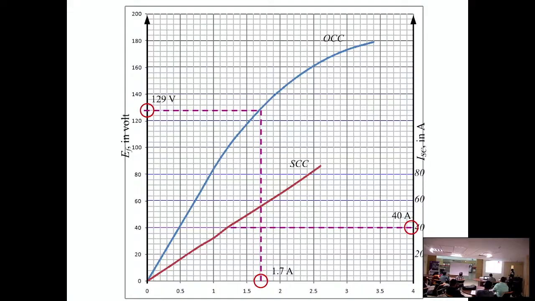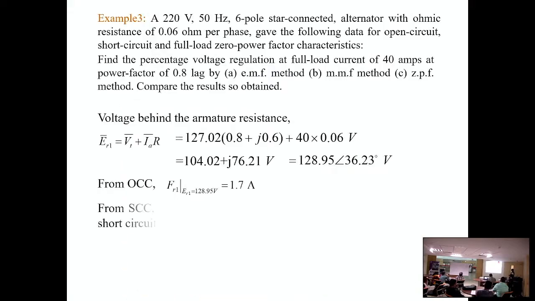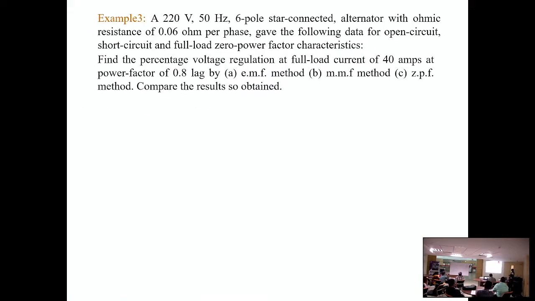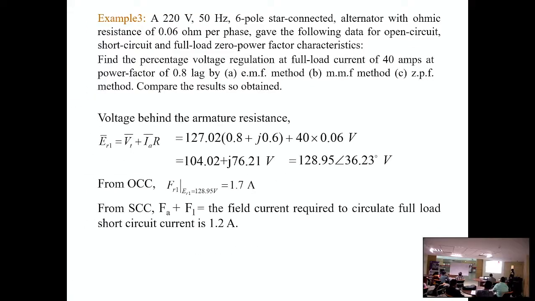From this point you draw one vertical line that will give you FA plus FL. So 1.2 ampere is your FA plus FL. This is the field current required to circulate the full load short circuit current. So now we have FR1 and FA plus FL.